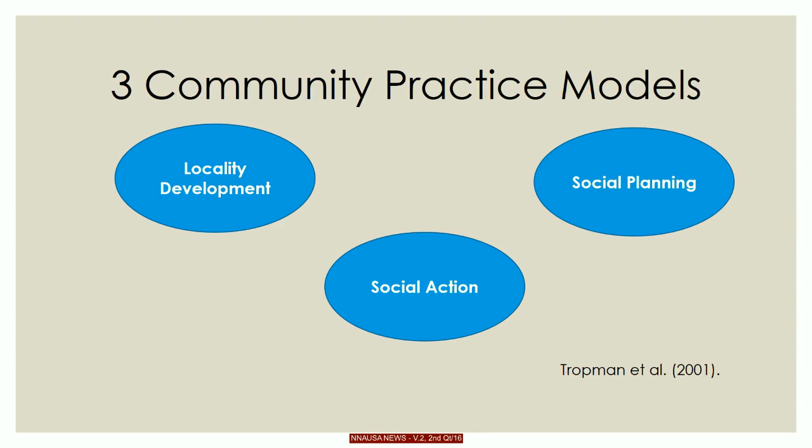During the course of this semester, you remember there was a time that I assigned all of you to be on the Blackboard system and to provide each other with feedback as well as group work on logic models development. So you developed your logic models. Some of you developed intervention. Some of you talked about evaluation. So the social planning model would focus more on planning these things out.